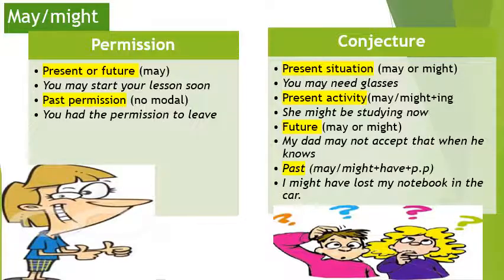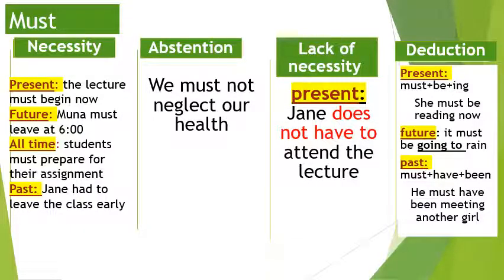After may and might, I'm moving now to must. There are four meanings expressed by must: either necessity, abstention, lack of necessity, and deduction. Necessity is kind of different from should, when you have an obligation to do something.